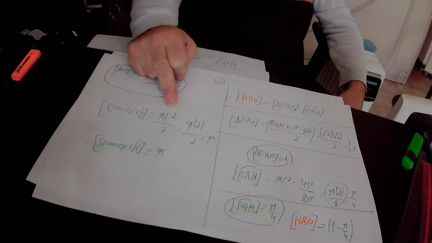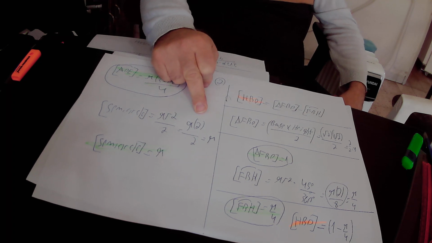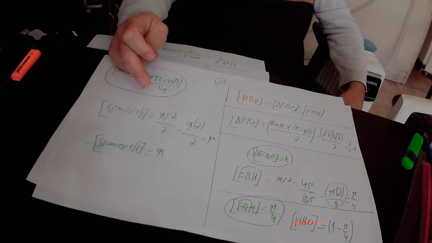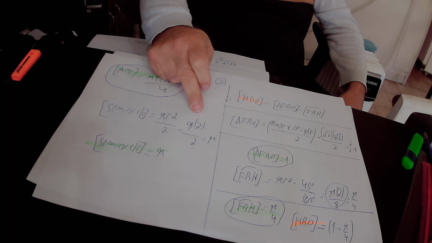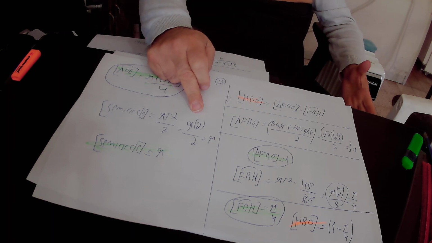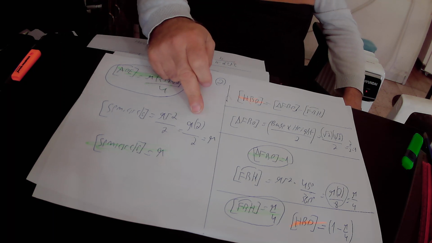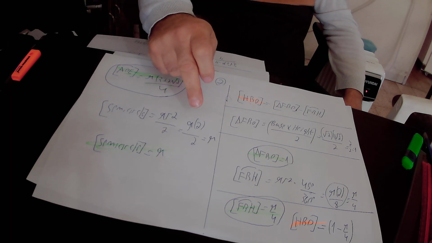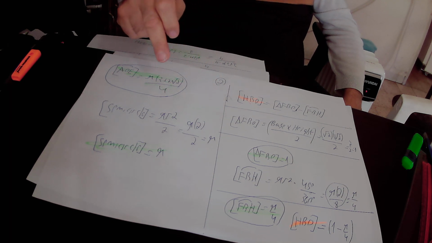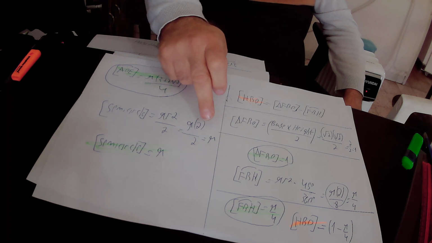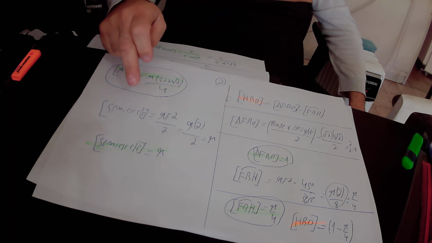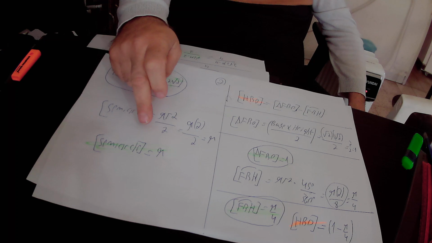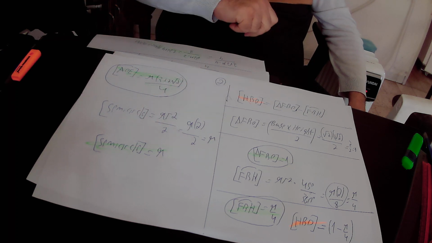If r equals the square root of 2, then r squared equals 2. So pi r squared equals 2 pi, the area of the small circle, divided by 2 gives the area of the small semicircle. 2 pi over 2 is pi. So the area of the small semicircle is pi square units.